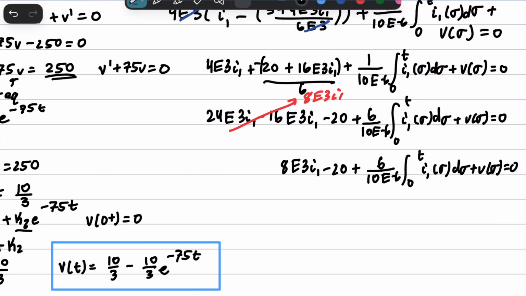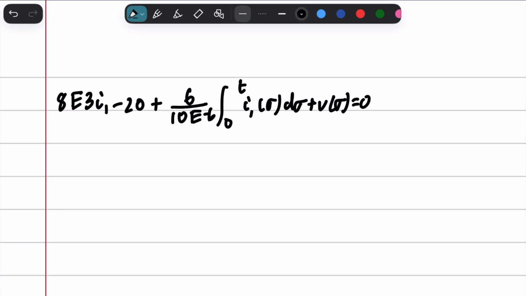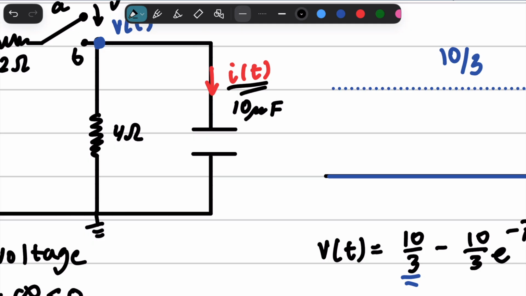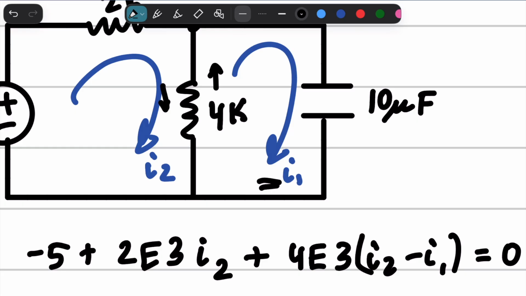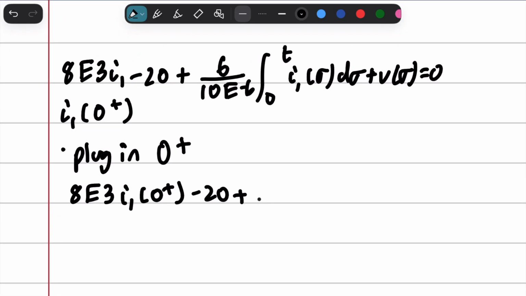And we're going to continue this on the next page. We are going to plug in 0 plus so that we can get our I1 0 plus. Because we want to find the I of t right here, and the I of t right there is I1. So we need to find the initial condition going through I1. And this is just going to be 0 plus v of 0 plus equals 0.